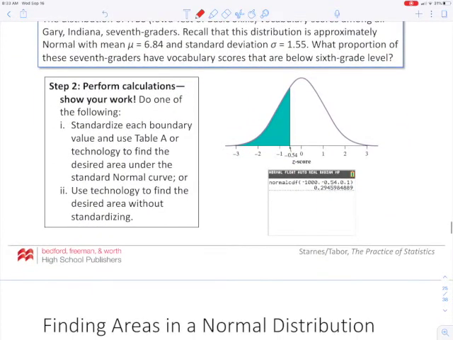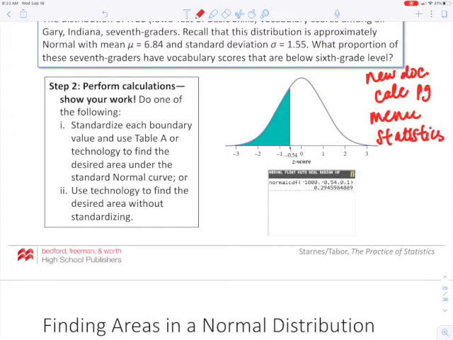Now, your calculator. In your calculator, you can do just your regular calculate under your scratch pad, or I always do a new document. Do a new document, you need a calculator page, and then you go to menu, statistics, go to distributions, and then you look for norm CDF.